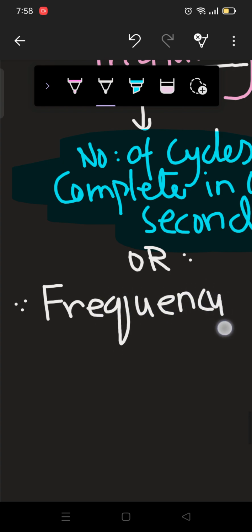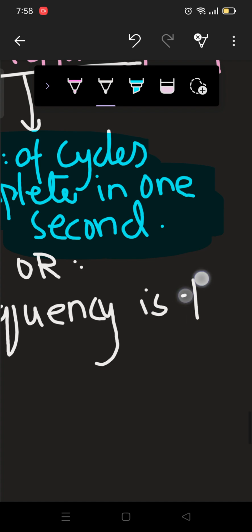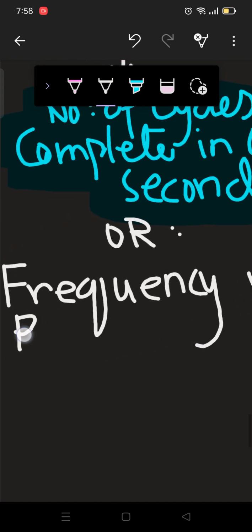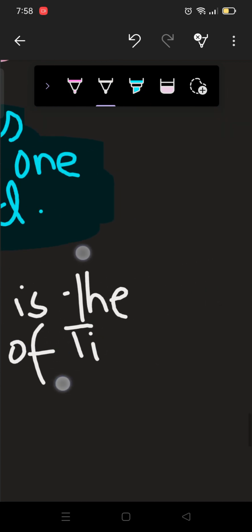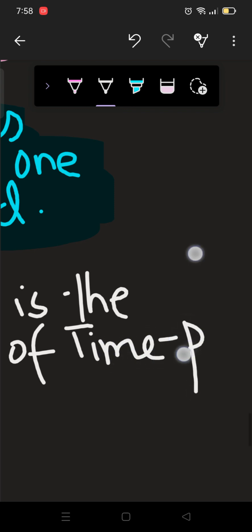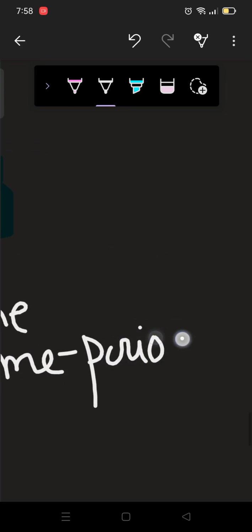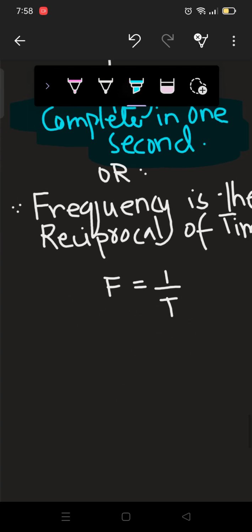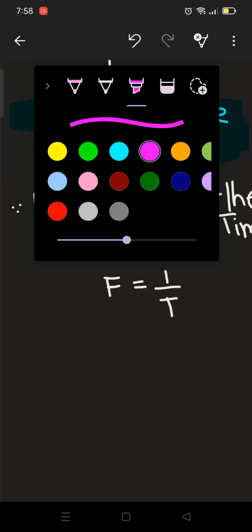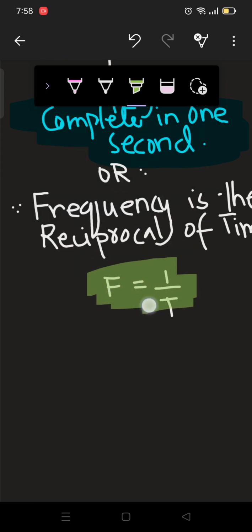Frequency is the reciprocal of time period, which means f is equal to 1 over T. It is the reciprocal of time period, right? So f is equal to 1 over T.